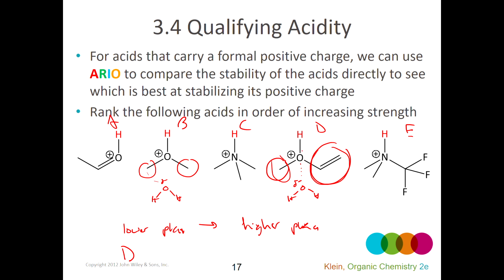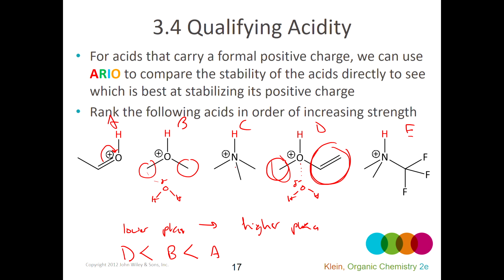It's got no induction to stabilize it. The atom carrying the positive is not as stable as it would be if it had fewer protons. And so D is the most reactive or strongest acid with the lowest pKa. Then I could say B, and then I could say A, because at least A is stabilized through resonance. As we said, the electrons can move out there and spread the positive over 2 atoms instead of 1.